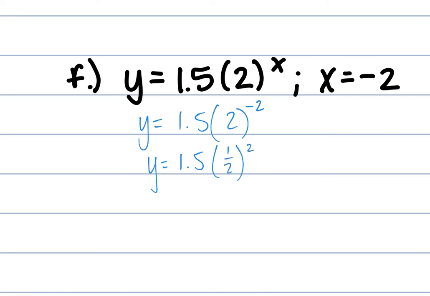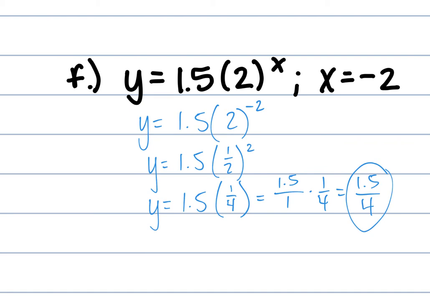It's 1/2 to the second power. Now we just multiply across. So 1.5 is over what? 1 times 1 over 4. So it's 1.5 over 4. That's it.